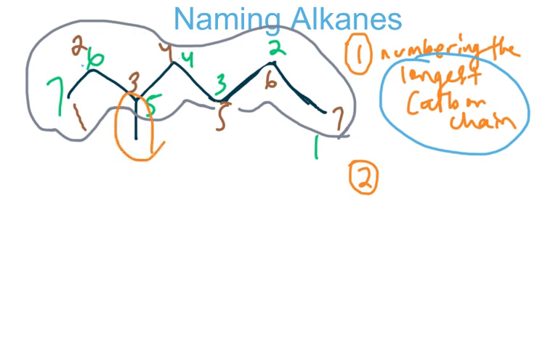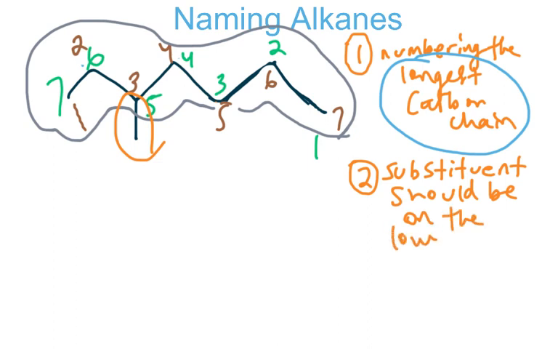That's a methyl substituent. So the second thing that we have to focus on is the substituent. The substituent should be on the lowest carbon number. What does that mean?